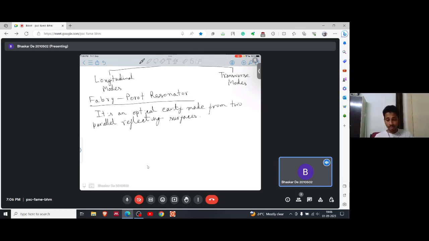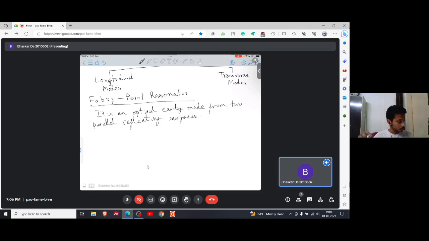So when mirrors are placed at the end of an amplifying medium, they place a boundary condition on the electromagnetic radiation field or the laser beam. When this happens, certain modes arise inside the cavity.